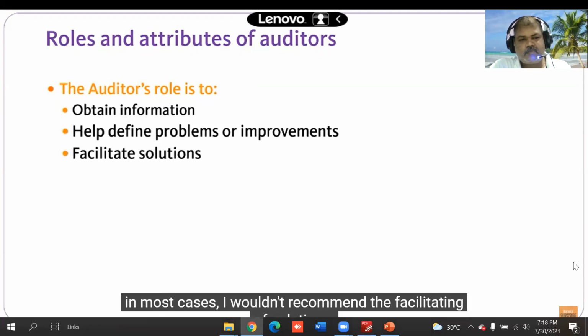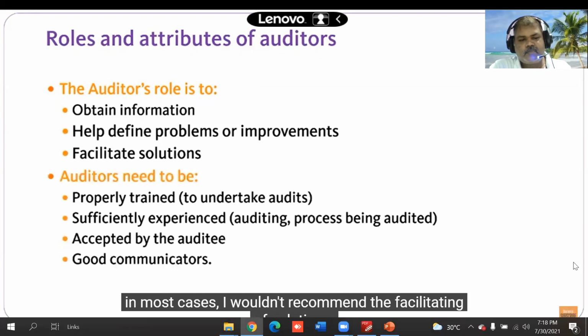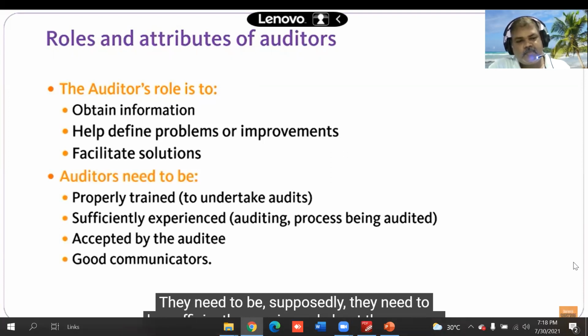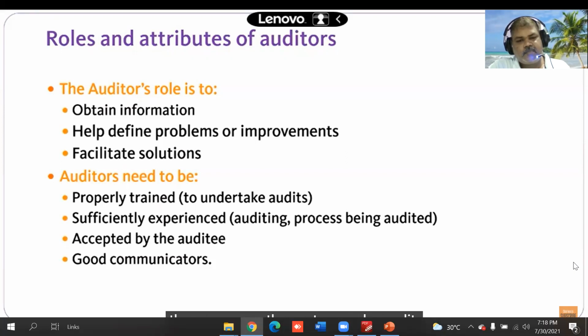But in most cases, I wouldn't recommend the facilitating of solutions. But the auditor needs to be properly trained so that they can actually undertake the audit. They need to be sufficiently experienced about the process under audit. So they may be a technical auditor that knows a lot of the technical detail of the process or the system under audit.